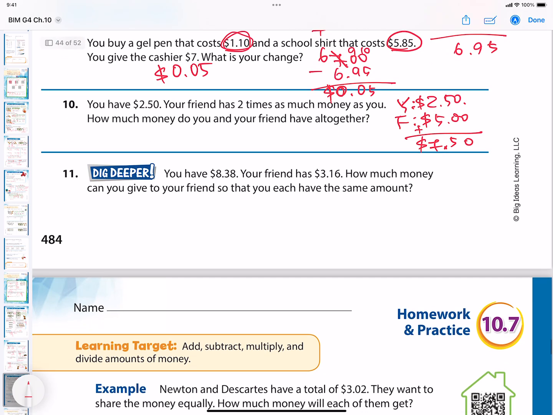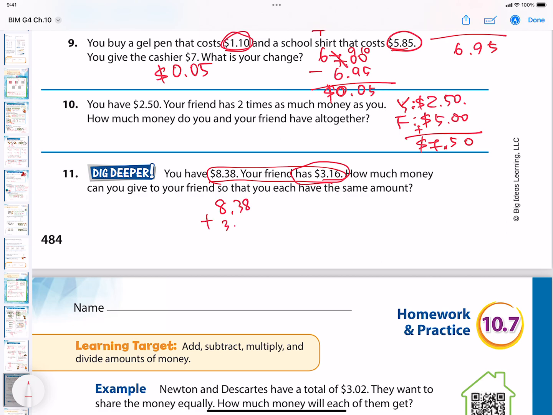Because you need to find out first how much is the equal amount among these two. That means you need to add this together and then divide by 2 to make it equal. And then compare from that amount by your friend's amount and see how much you need to give to your friend.